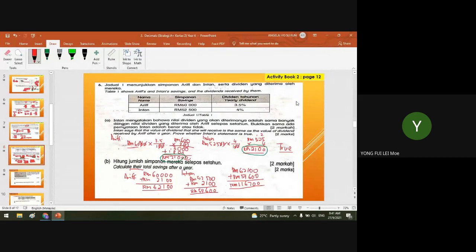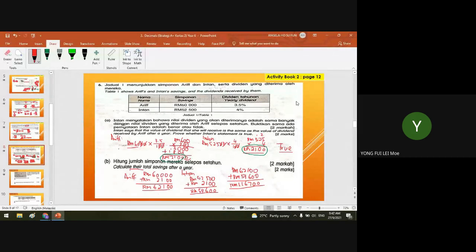In terms of saving money, all this money will be safe. Dia lebih pandai simpan duit, Arif. But kalau kau pilih tempat yang percentage tinggi dividend, Intan yang lebih bijak lah.